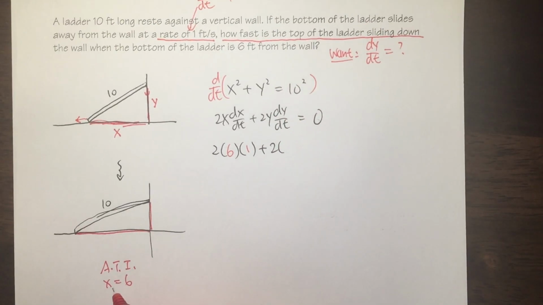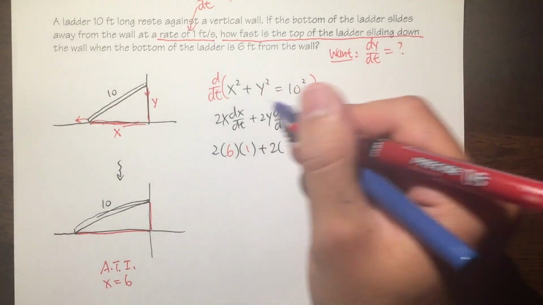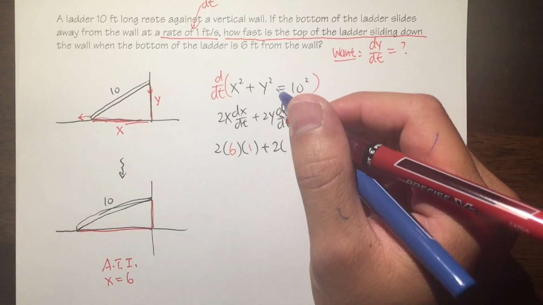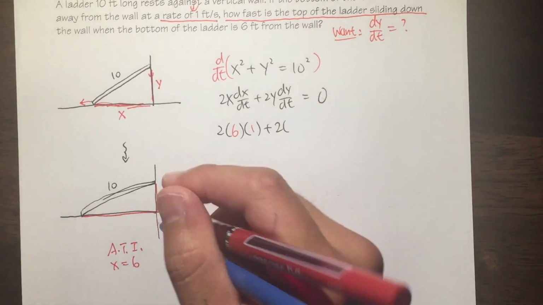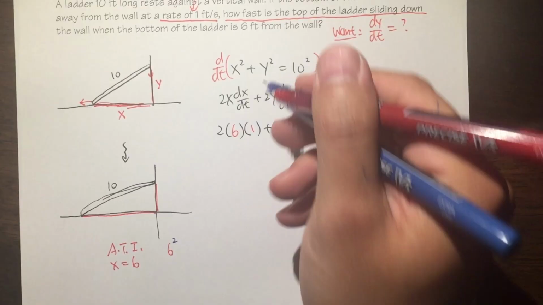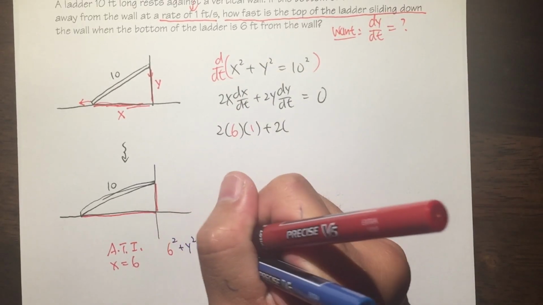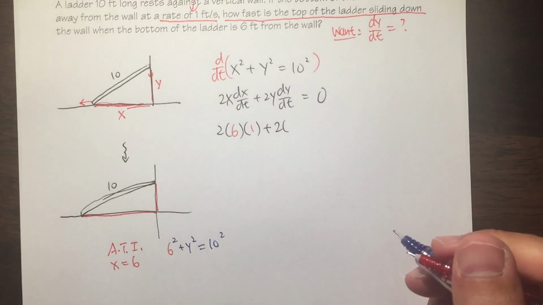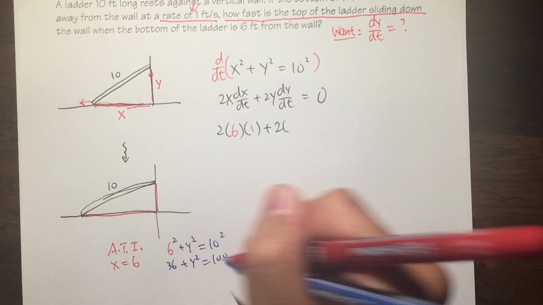At the instant that x is equal to 6, we need to find out what y is. To do so, I have to rely on this equation for the quantity. So when x is 6, I plug in here: 6 squared plus y squared is equal to 10 squared. That's 36 plus y squared equals 100.